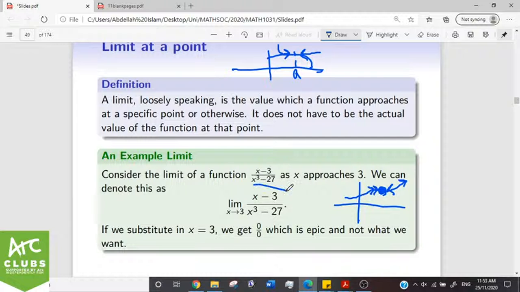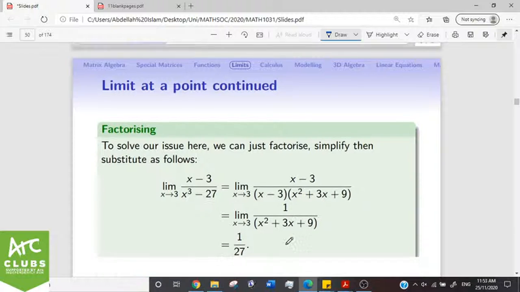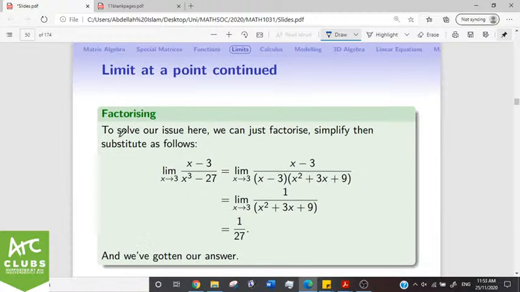So here's an example of finding a limit. The limit of x minus 3 on x cubed minus 27. If you just plug in x equals 3, this doesn't work, because the denominator is 0. That's not possible. We can't do that. So you can't just simply plug in the value. Instead, you need to factorize and cancel out terms until you are allowed to plug in the value.